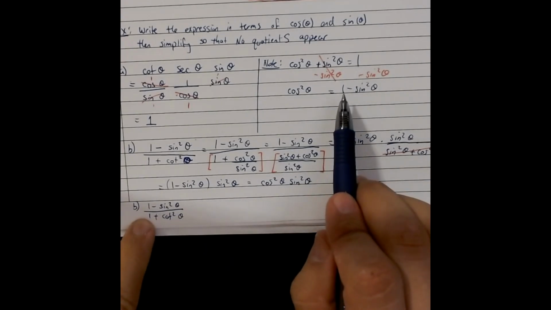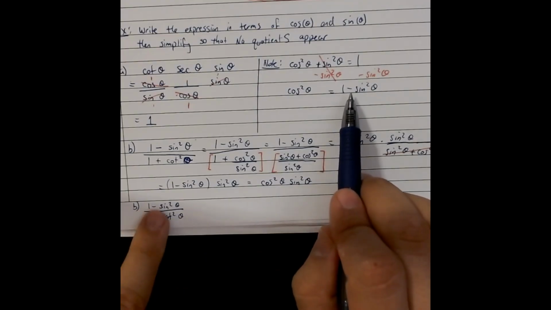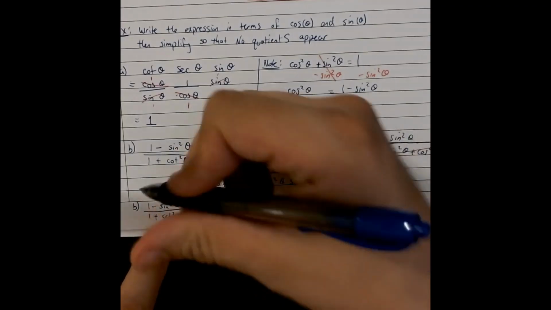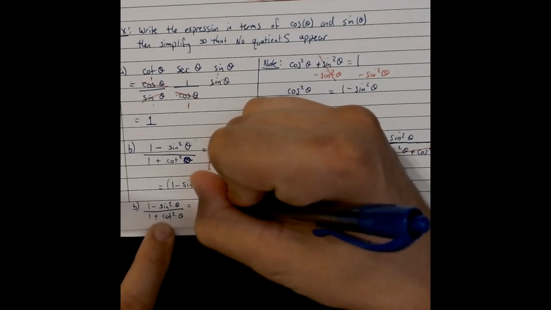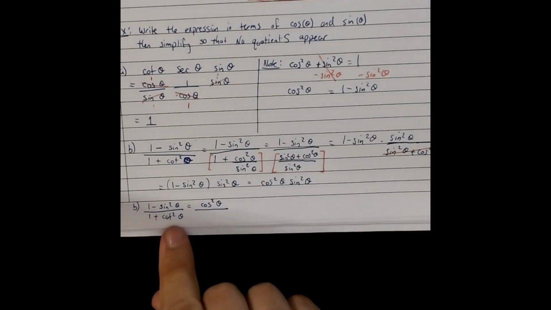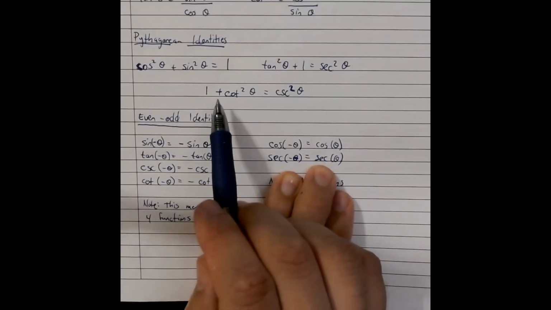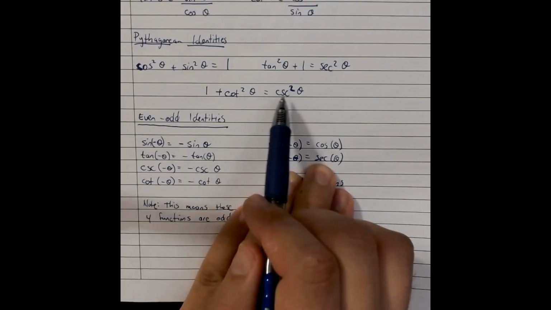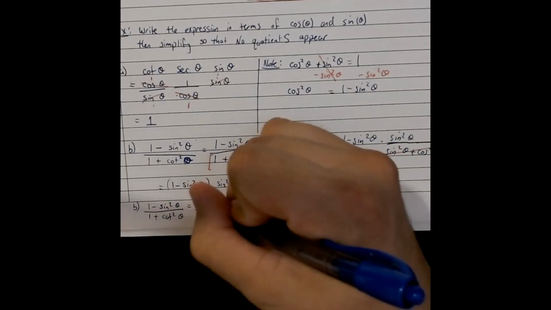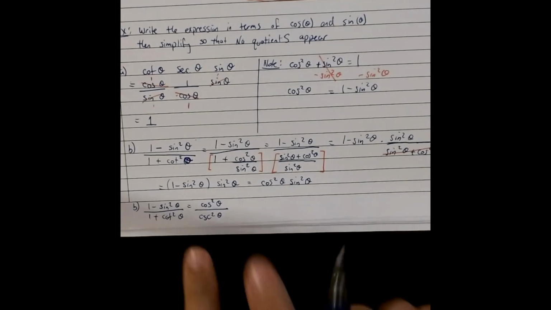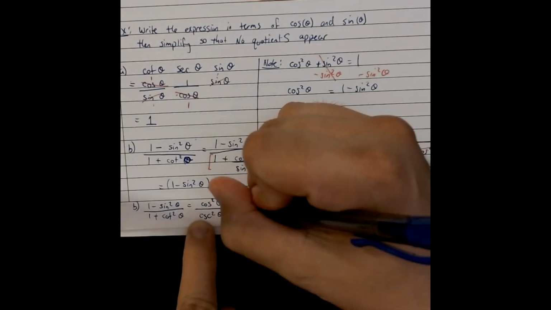I could have done it at the beginning though. Notice 1 minus sine squared of theta is cosine squared of theta. I can write that from the very beginning. Cosine squared of theta. 1 plus cotangent squared of theta. Well, I have an identity right here. 1 plus cotangent squared of theta, that's equal to the cosecant squared of theta. Just like that.